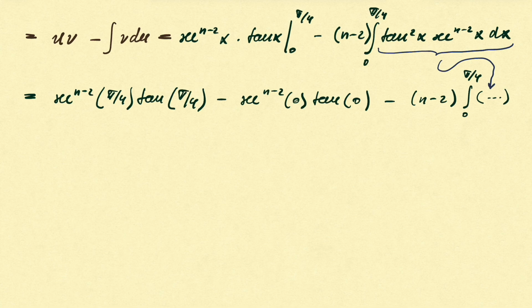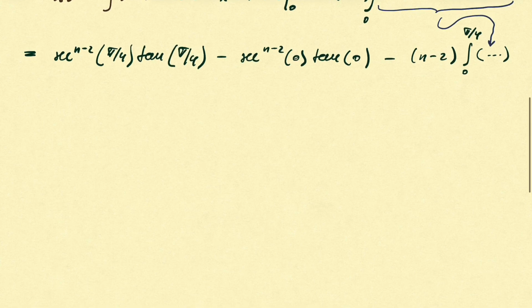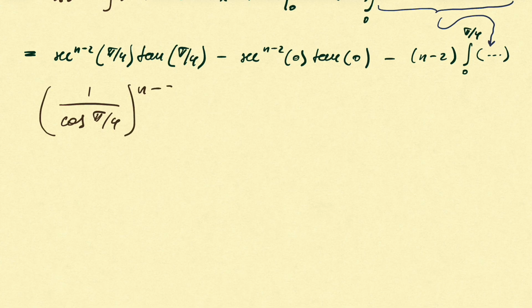Okay, now we'll need to remember some values of secant and tangent at pi over 4 and 0. I don't remember them in my mind, but we can quickly derive them, right? First, we have secant to the n minus 2 of pi over 4. Well, secant of x is 1 over cosine of x, so we need to find 1 over cosine of pi over 4 to the power of n minus 2. Cosine of pi over 4 is square root of 2 over 2 to the power of n minus 2.